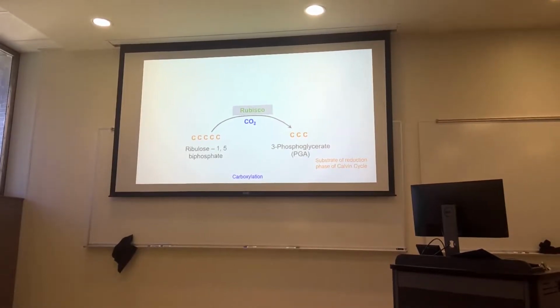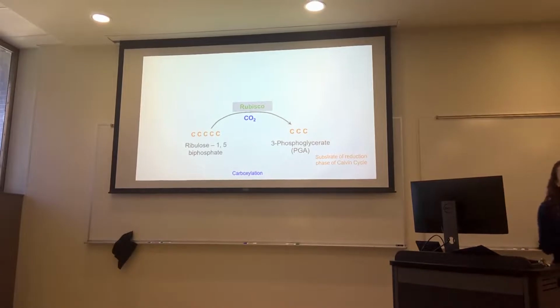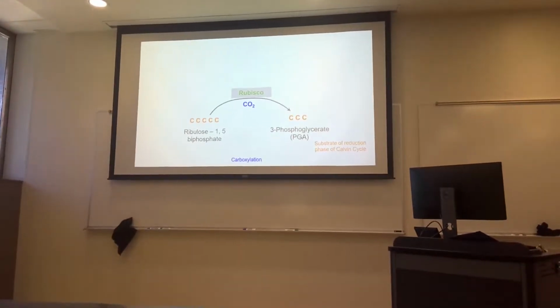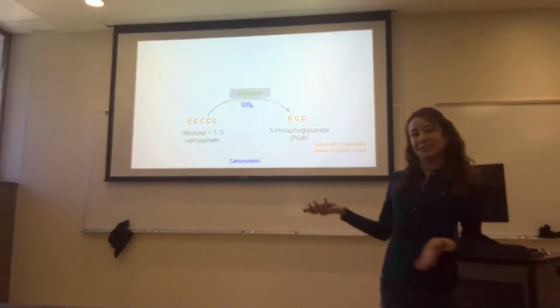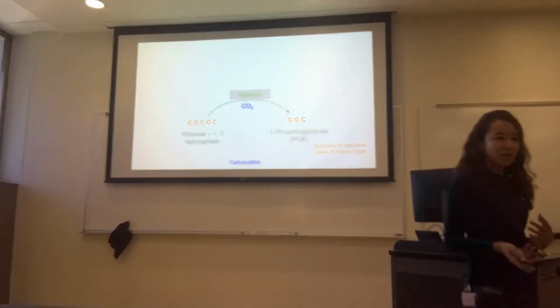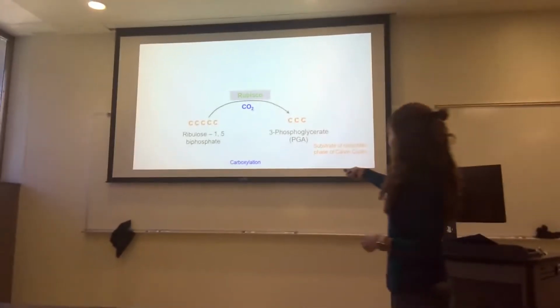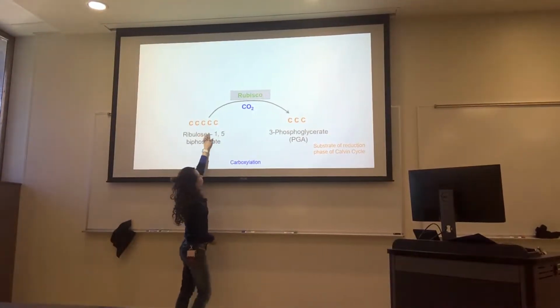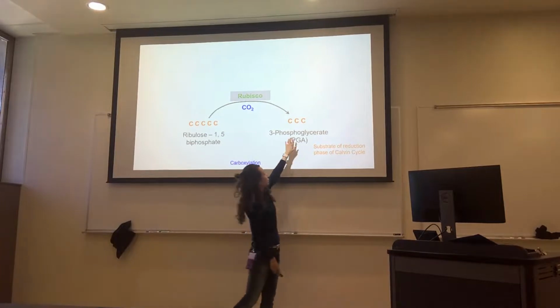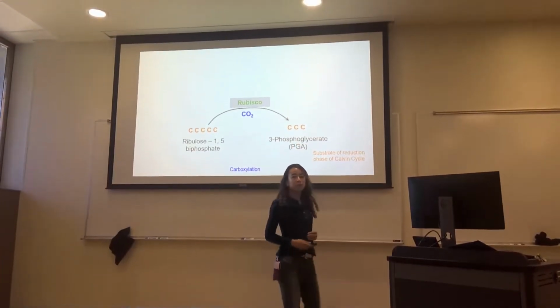So if 5 plus 1 gives you 2 molecules of 3 carbons, if you don't bind a CO2, but instead you bind an O, what do you produce at the end? Instead of 2 of these things, what do you produce?